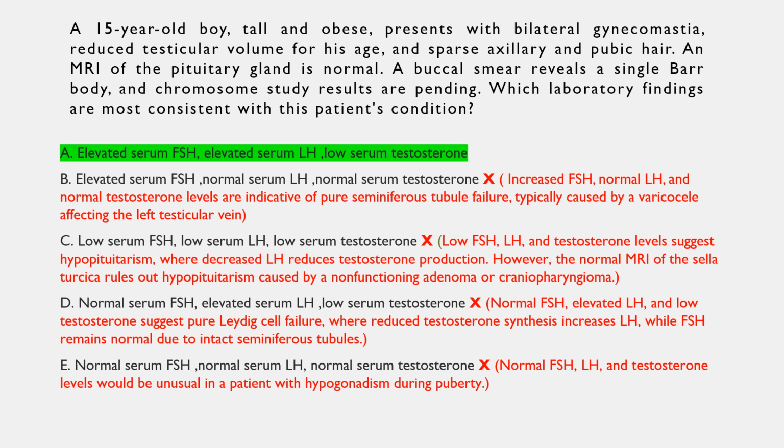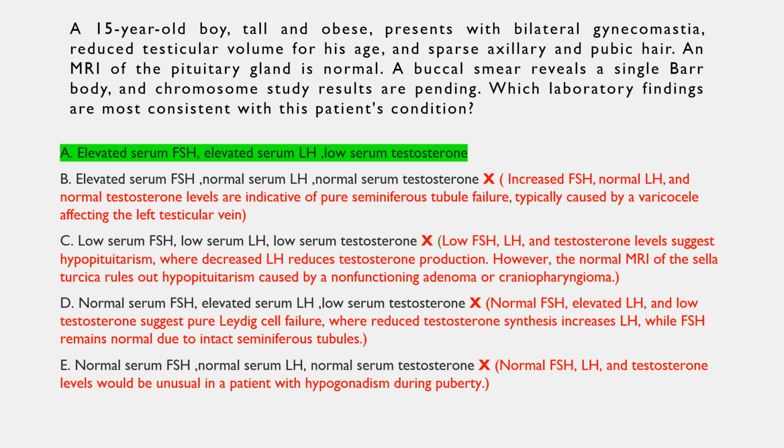Option B is incorrect because elevated FSH, normal LH, and normal testosterone are consistent with pure seminiferous tubule failure, which is most commonly caused by a varicocele involving the left testicular vein. Option C is incorrect as low FSH, low LH, and low testosterone are consistent with hypopituitarism in which the FSH and LH are decreased.